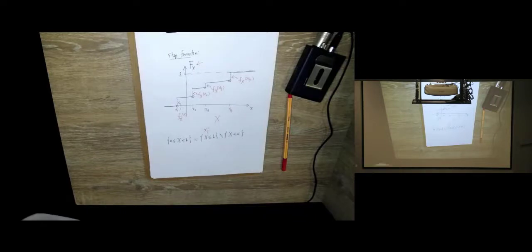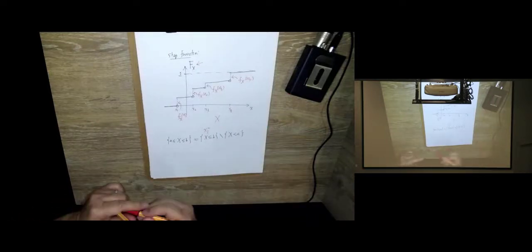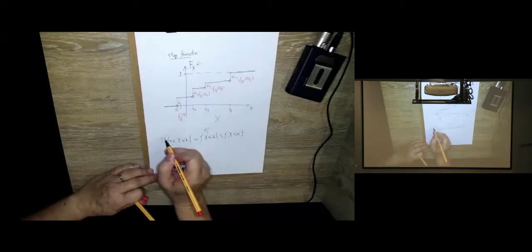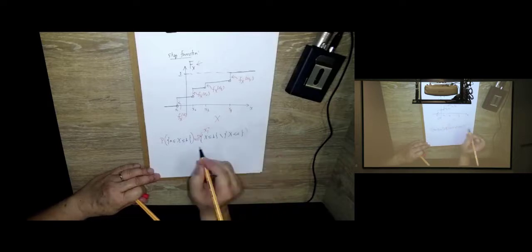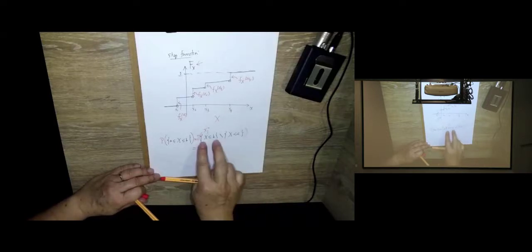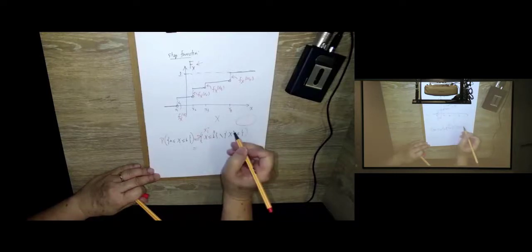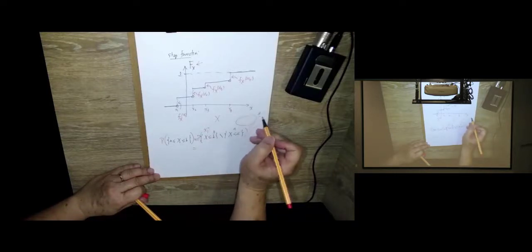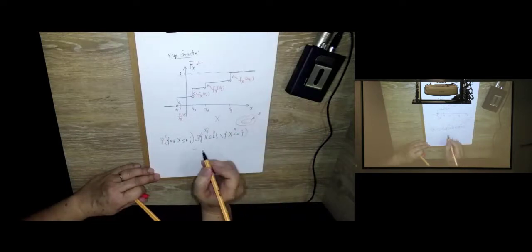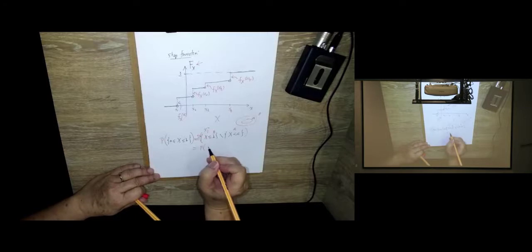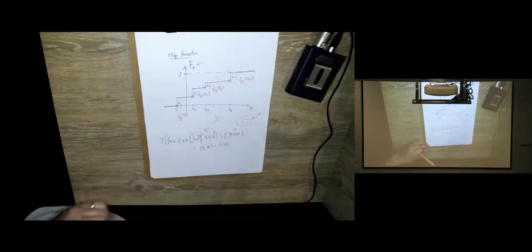So this just follows from this. And as a result, when I take probability here, B is actually a superset of A. So this is the same as the probability of B minus the probability of A, and that is the part there.